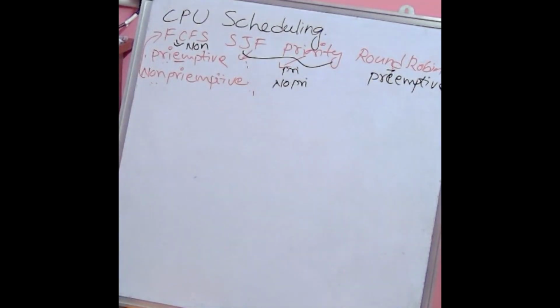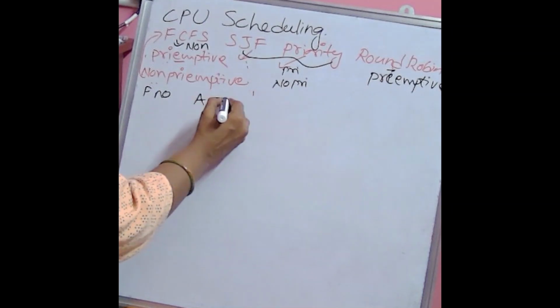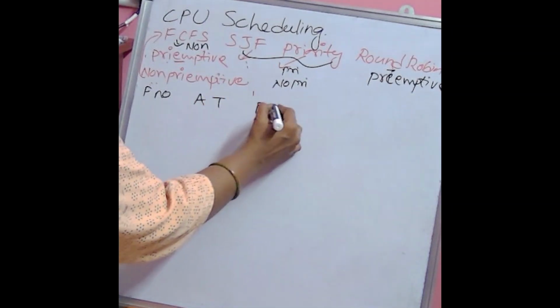Now I am giving one example for shortest job first, both preemptive as well as non-preemptive, with arrival times. A simple example. I'll write here the process number, arrival time, and burst time.